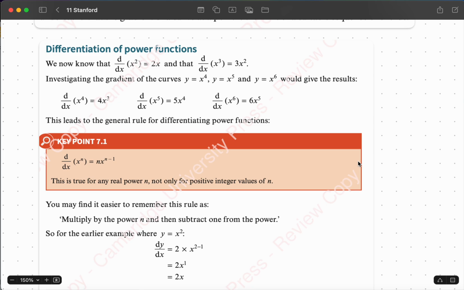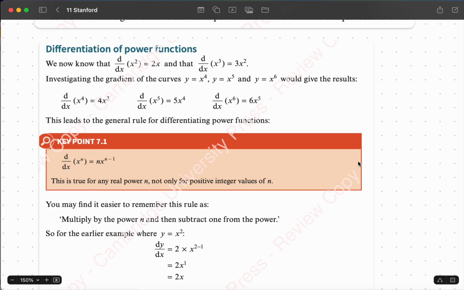For x to the power of 4 it gives 4x cubed. For d over dx of x to the power of 5 it gives 5x to the power of 4, and for x to the power of 6 it is 6x to the power of 5.